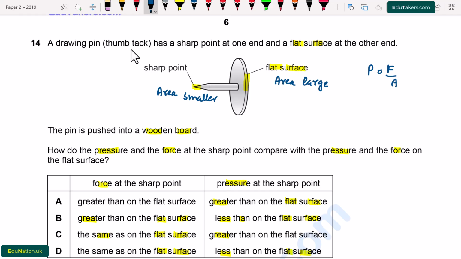In both of these cases, the force remains same. So pressure is inversely proportional to area. I write here, when I increase the area, pressure decreases, and when I decrease the area, pressure increases. Both of these vary inversely proportional to each other. So the sharp point has smaller area. It means that here pressure will be large.